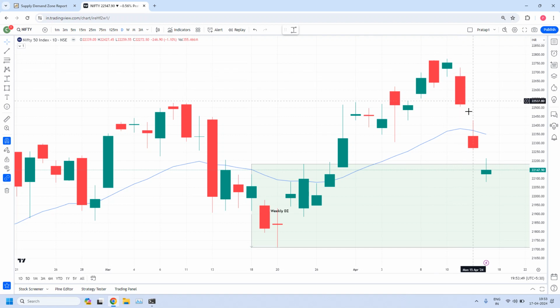So prices are moving down without a supply zone. Maybe lower time frame zones might be pushing the prices down. But you should also understand, compared to the higher time frame zone, lower time frame zones will be having less lifetime. That is the point you should understand.